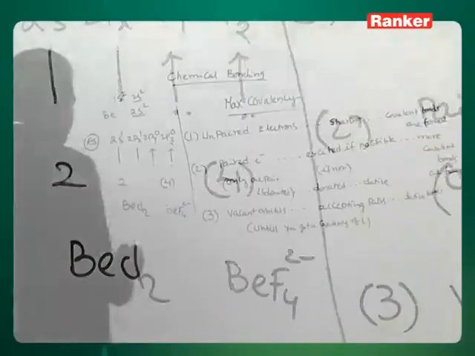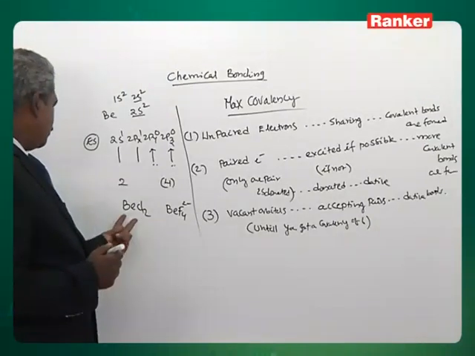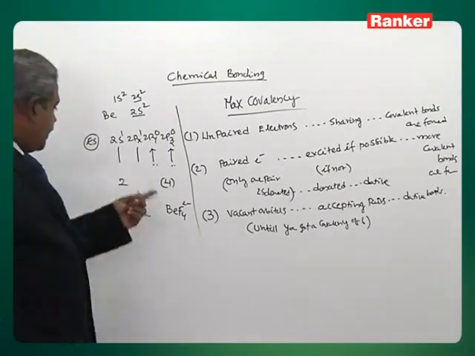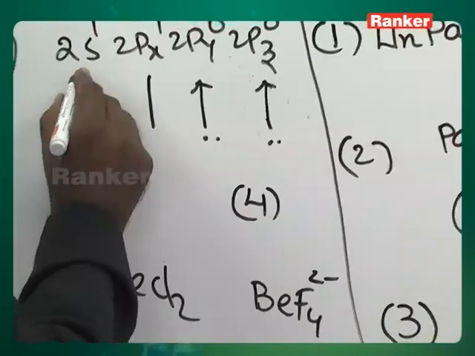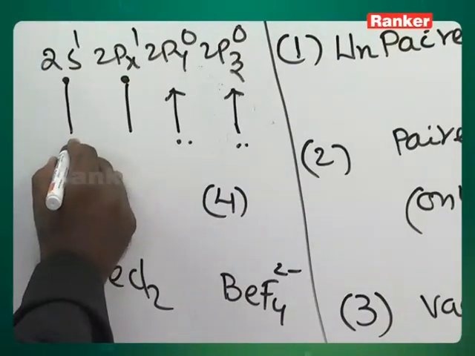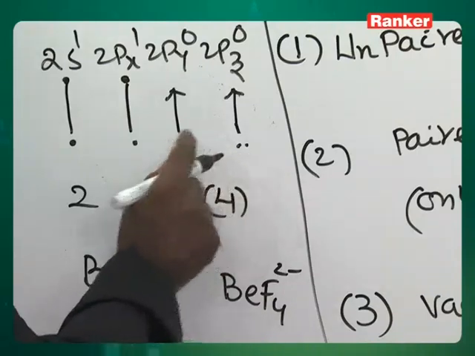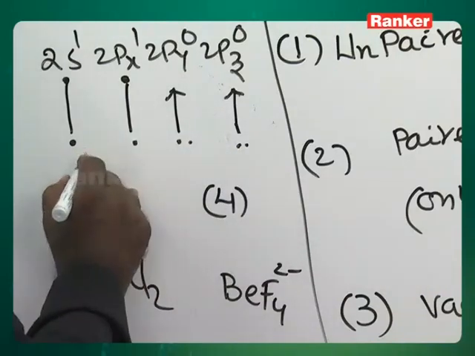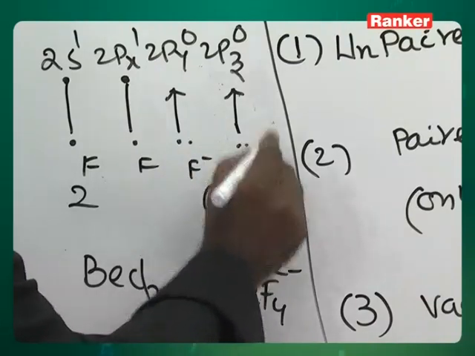Beryllium originally has 2 electrons; by sharing 2 electrons it has 4, and it is accepting 2 pairs. This is the electron of beryllium, this is the electron of fluorine. These are the pairs of F minus.